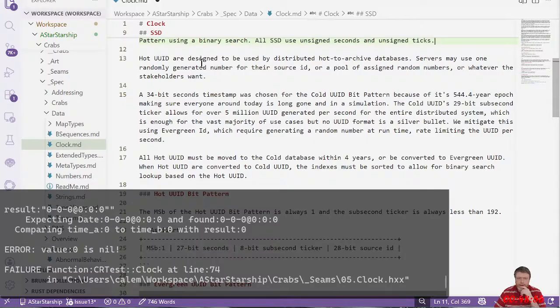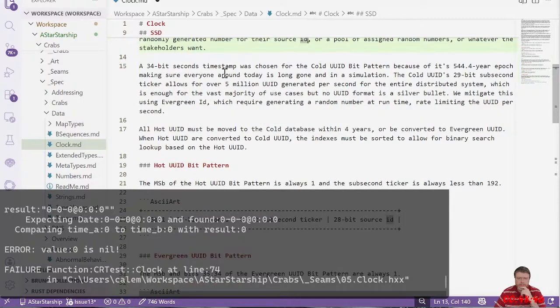Servers may use one randomly generated number for their source ID or a pool of assigned random numbers or whatever the stakeholders want. A 34-bit sub-second timer was chosen for the cold UUID bit pattern because of its 544.4 year epoch, making sure everyone around today is long gone and in the simulation.